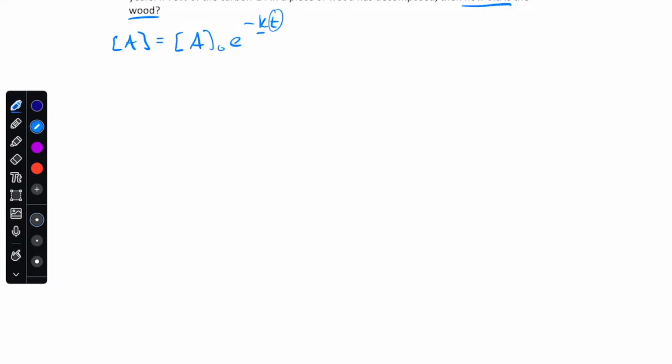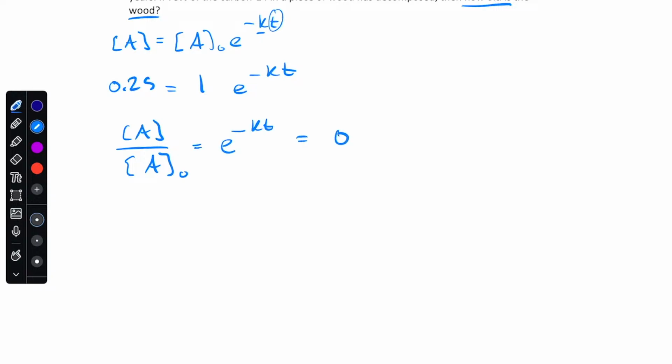So what we can say here is 0.25 equals 1 times e to the minus kt. Or another way of saying that is concentration of A over concentration of A naught equals e to the minus kt equals 0.25. But to solve for T, we need K. And to get K, we're going to use our half-life.